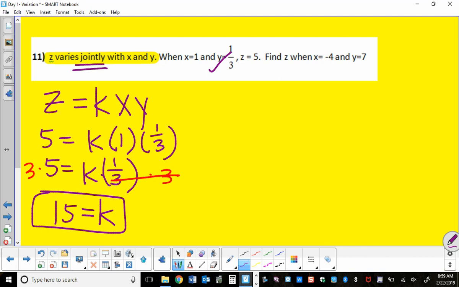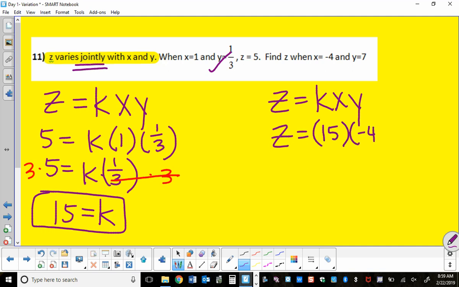Alright, so part 2 is done. The last part of that says find z. Well, let's rewrite my equation. z equals k times x times y. Find z. My k was 15, when x is -4 and y is 7. Type that all into your calculator.